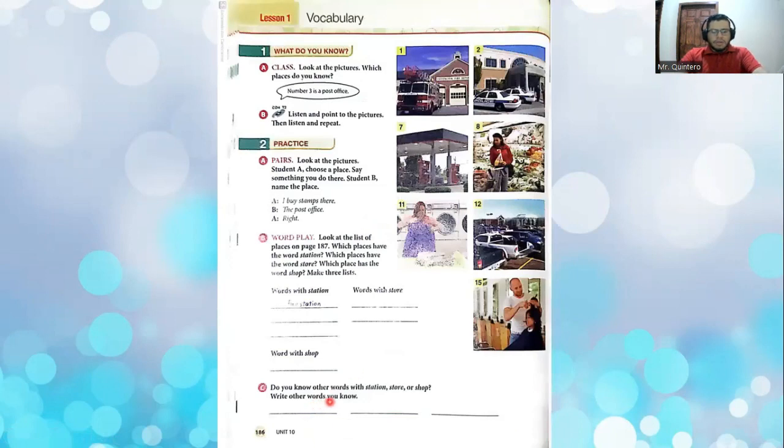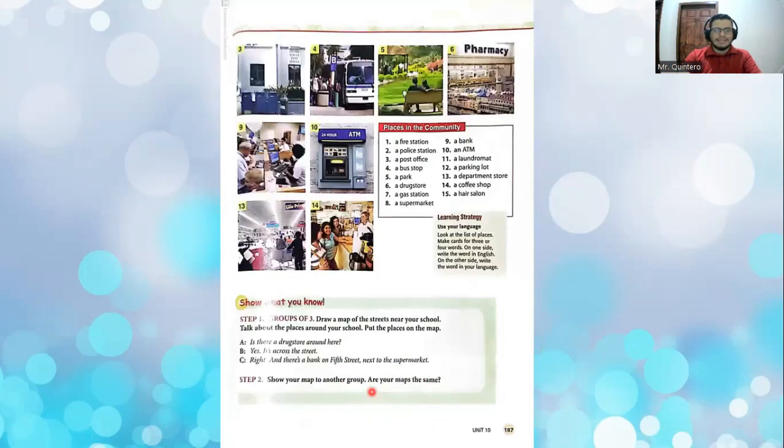Do you know other words with station, store, or shop? Write the words that you know. What is another place with station? You're going to investigate them and write them over here, related to shop, store, and station.